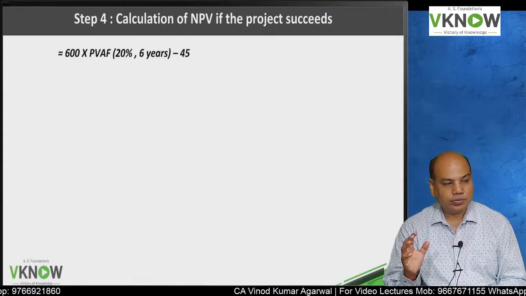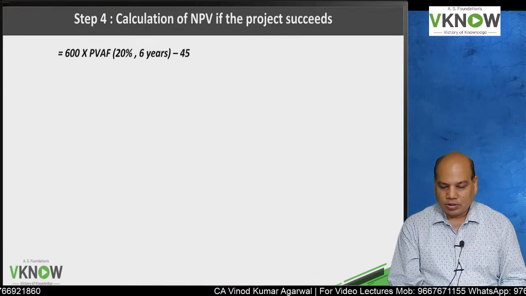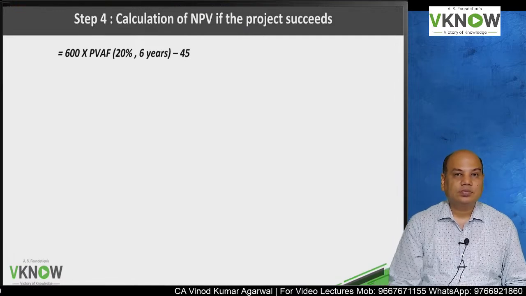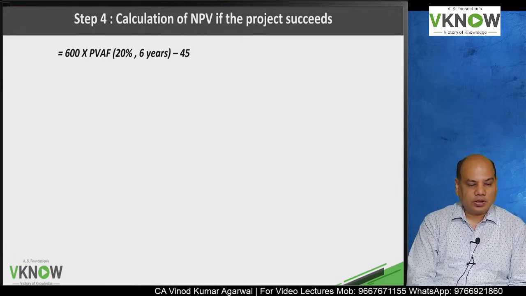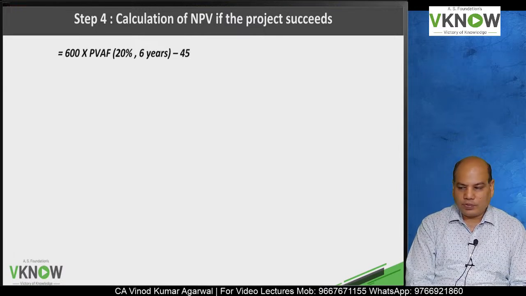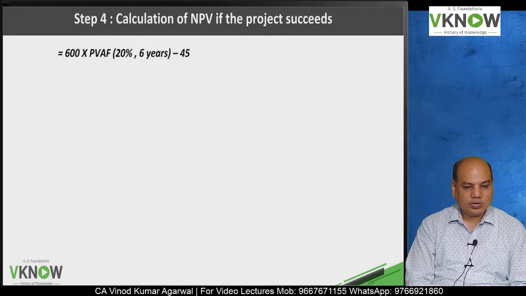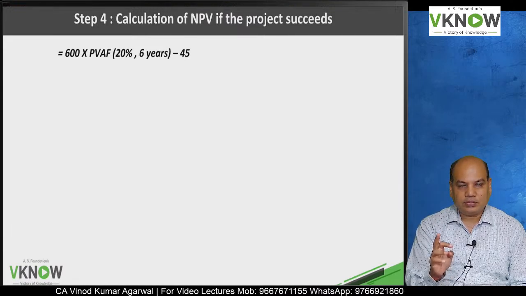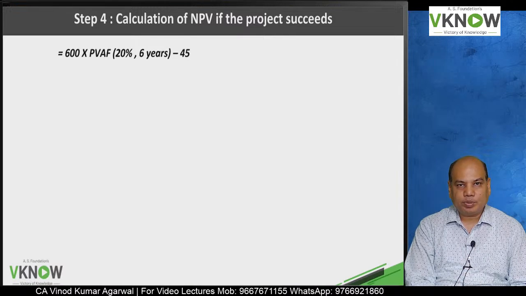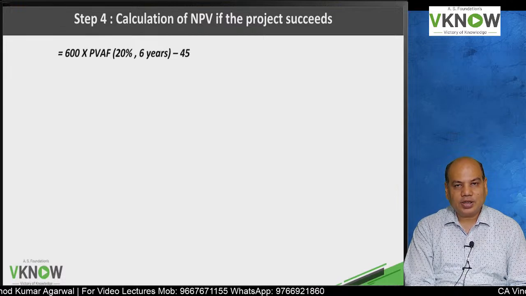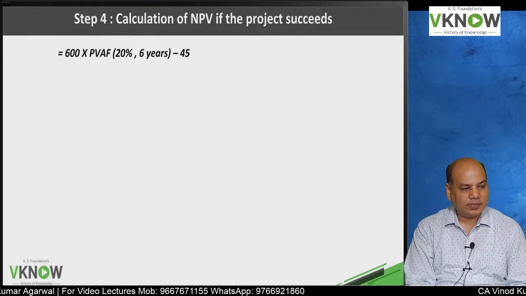Write down step 4. Calculation of NPV if the project succeeds. 600 multiplied by PV annuity factor in bracket 20% comma 6 years, minus initial investment 45.